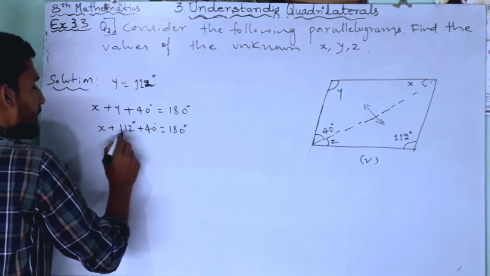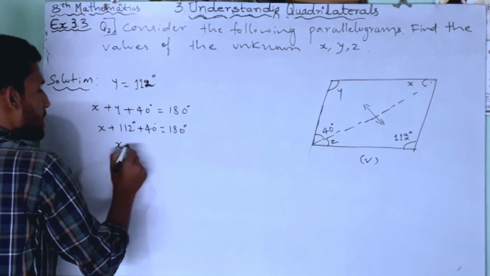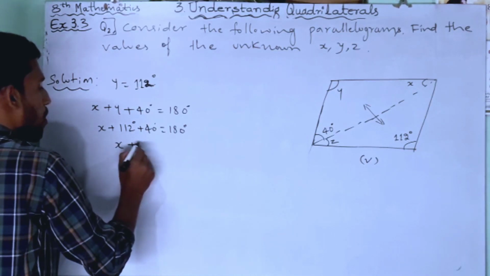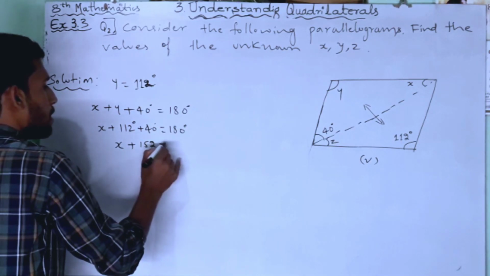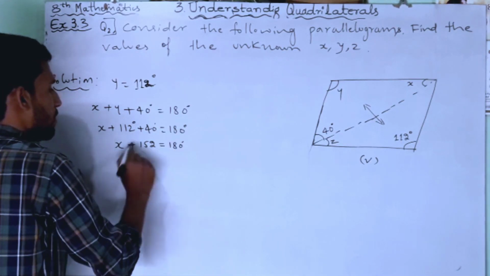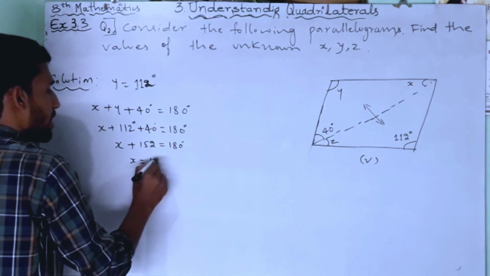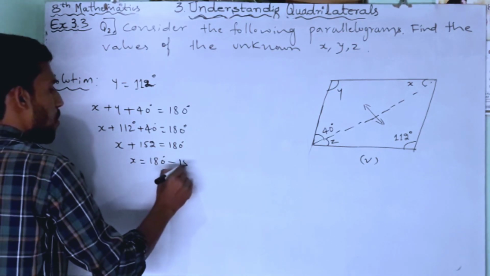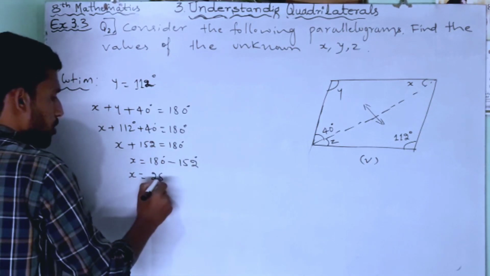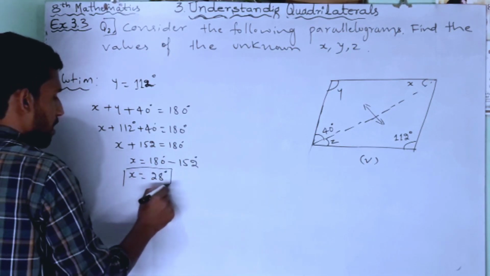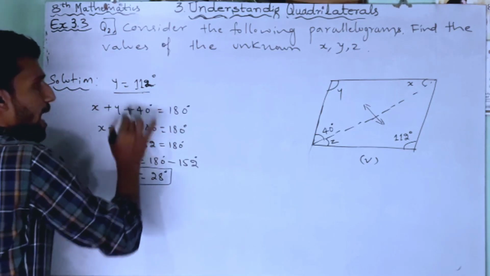When we add these two, we get X plus 152 degrees is equal to 180 degrees. When we transpose, X is equal to 180 degrees minus 152 degrees. When you do the subtraction, we get 28 degrees. Now we have the X angle and Y angle.